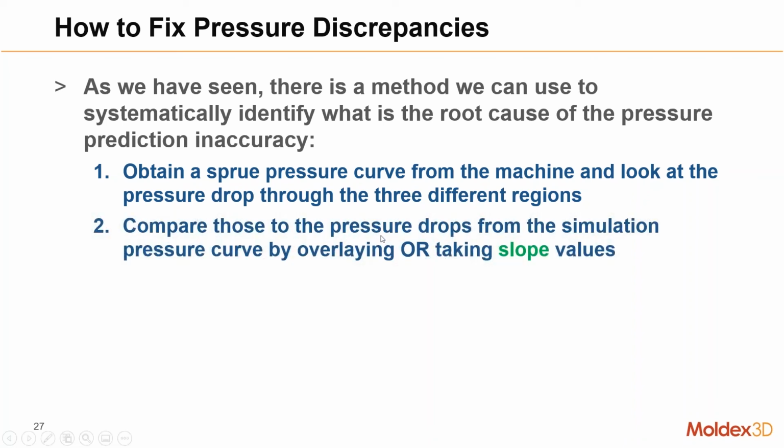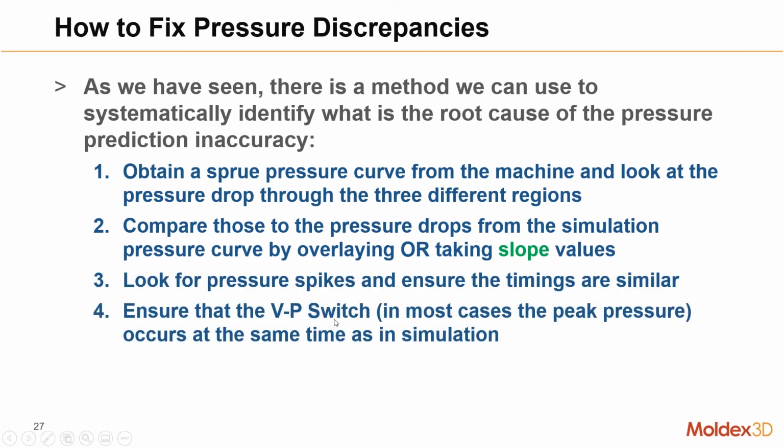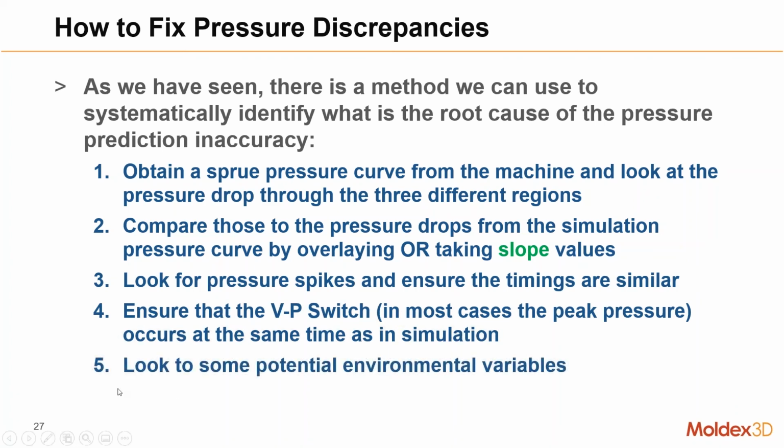Then you want to compare that sprue pressure curve to the simulation pressure curve. After you do that, you'll look for pressure spikes and ensure that the timings are similar. Look at the VP switch point especially to make sure that the time is similar for the VP switch. And then finally, looking for some potential environmental variables that might impact the simulation that we can't really account for.